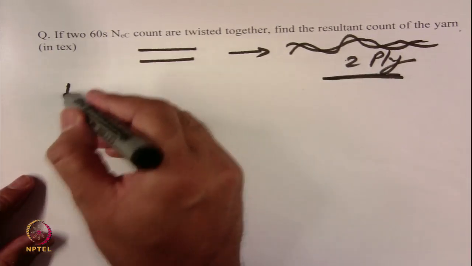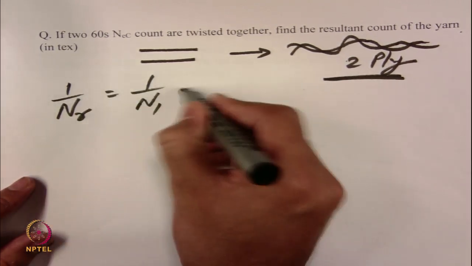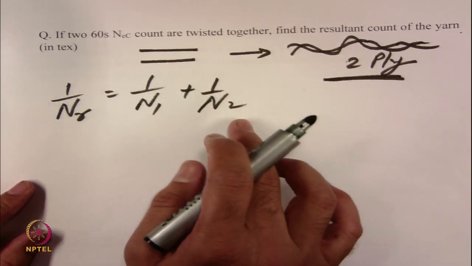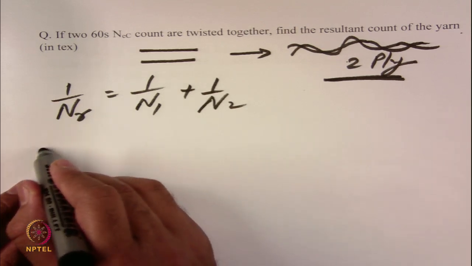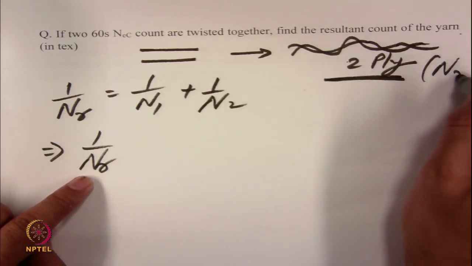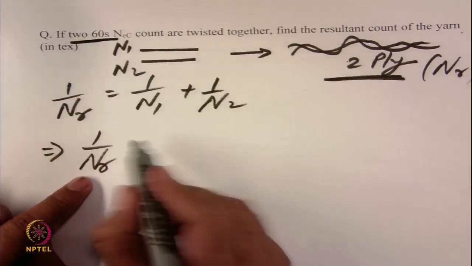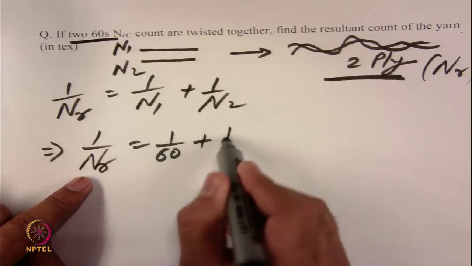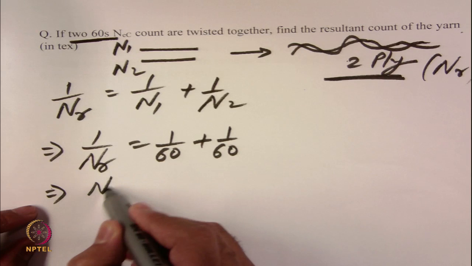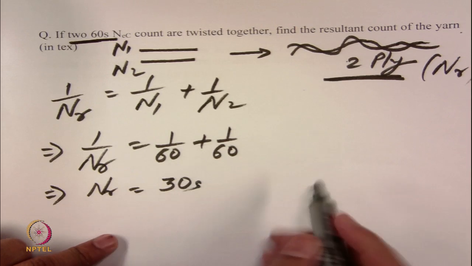The formula, if you will find, is 1 by NR resultant is equal to 1 by N1 plus 1 by N2, where N1 and N2 are the counts of individual yarns, and NR is the count of the resultant yarn. Since both the yarns are the same, 1 by 60 plus 1 by 60, so you can simply get NR is equal to 30s count.